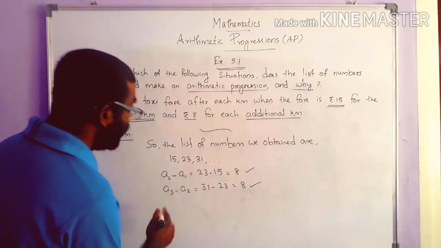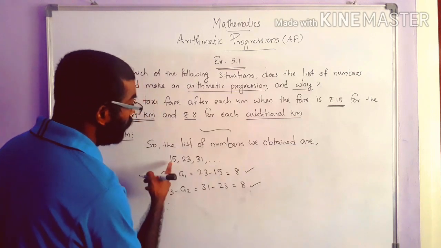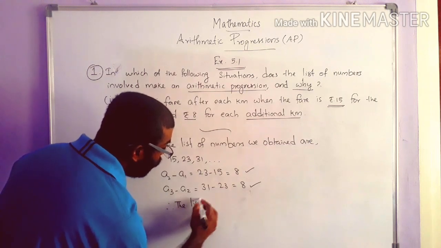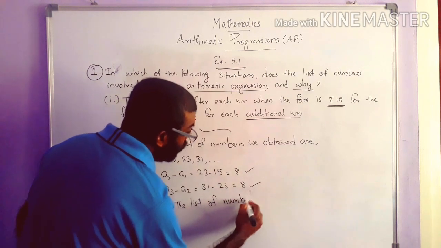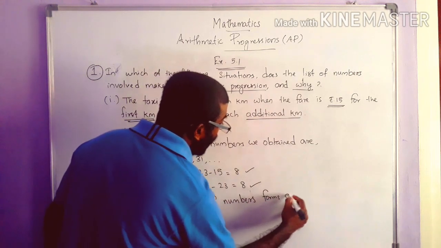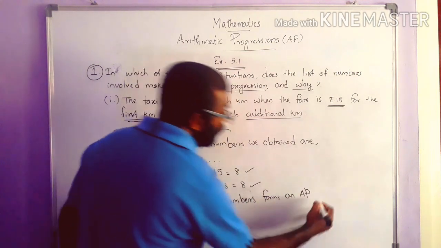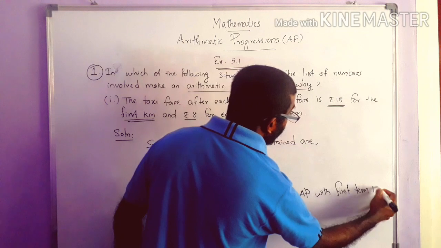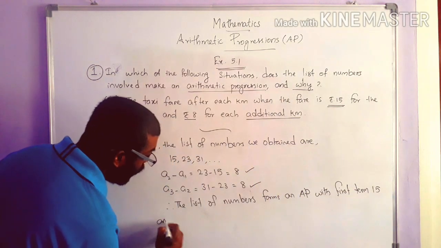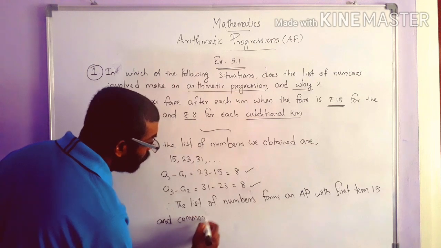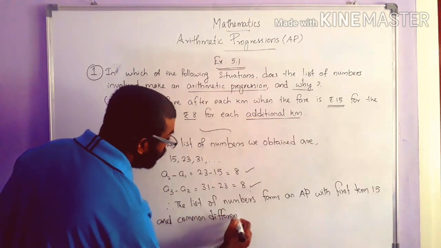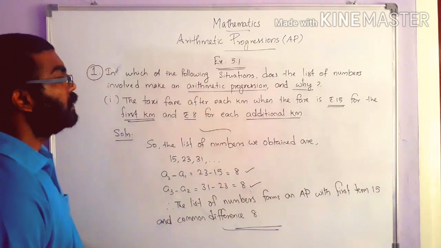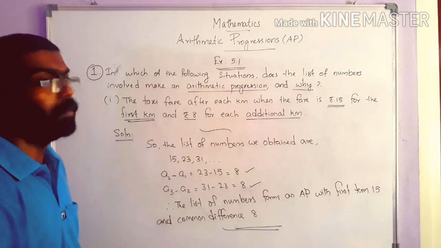Therefore, the list of numbers forms an AP with the first term 15 and common difference 8. That means the given situation is an AP.